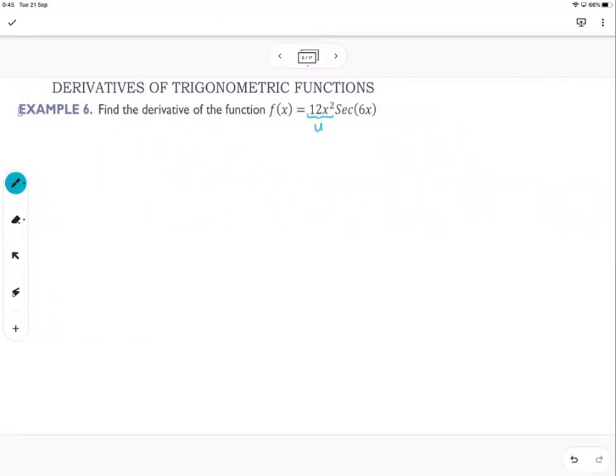This is one function, and this is another function. Since we have two functions multiplying, we have to use the power rule, the product rule, sorry. Product rule. That's my main rule.